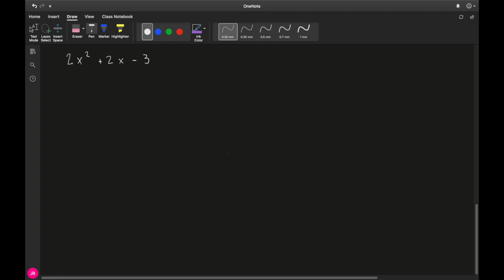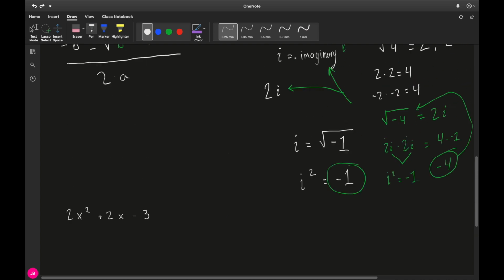So we went ahead and copied the problem over. 2x squared plus 2x minus 3. And we're also going to write down my quadratic formula. Now this is something that I need you guys to have memorized, because it's going to be very, very important for you guys to know this in your later classes, and it's going to make your life a whole lot easier. So it's going to be very important for you guys to know your quadratic formula, right?